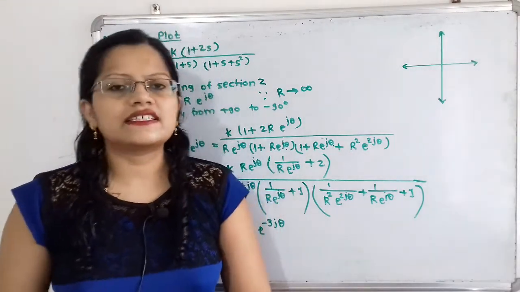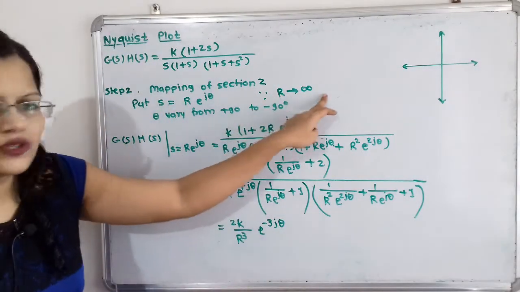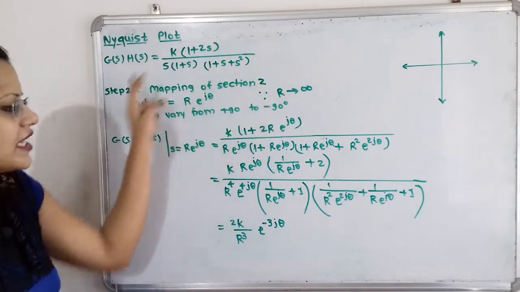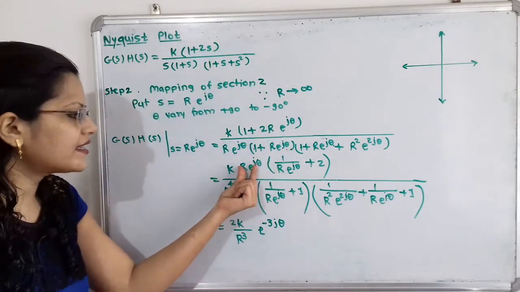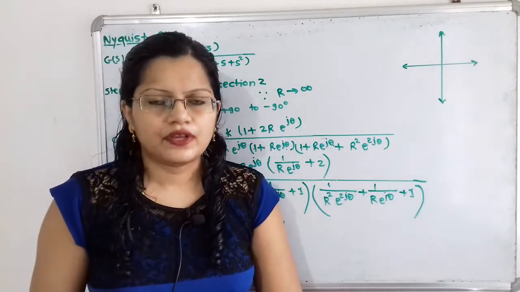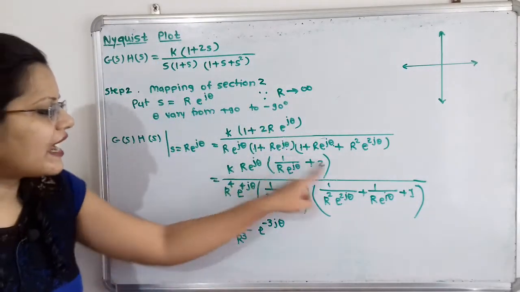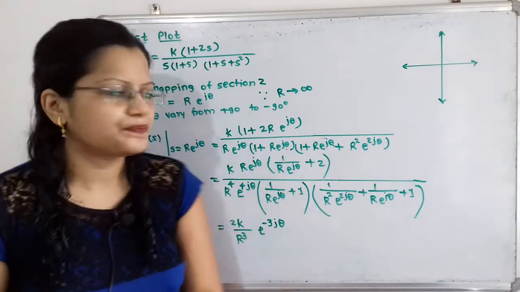So this is the reason why for this second step, when R tends to infinity, we are going to take R e raised to j theta as common from each bracket. So remember, only when R tends to infinity do we have to take this extra step.